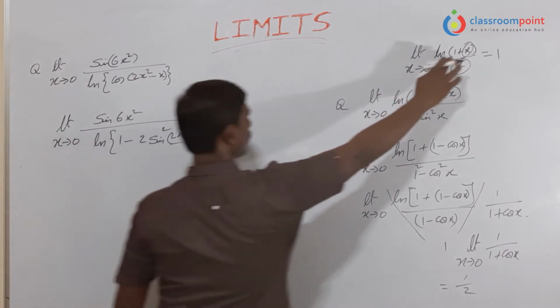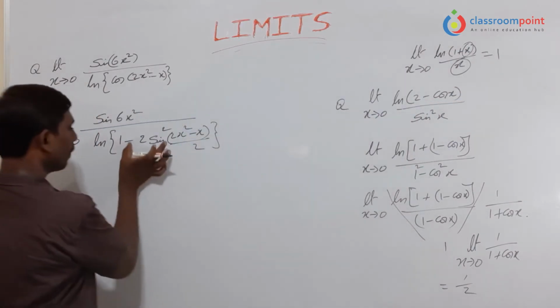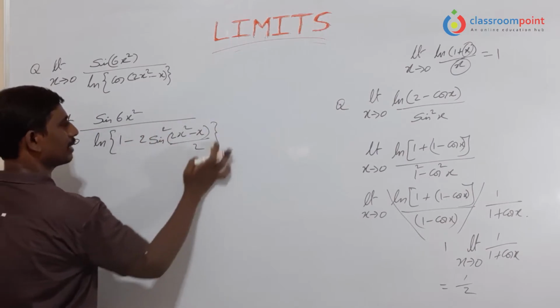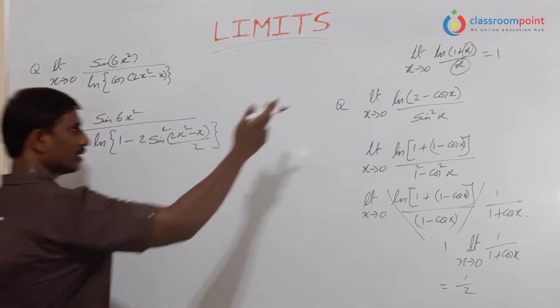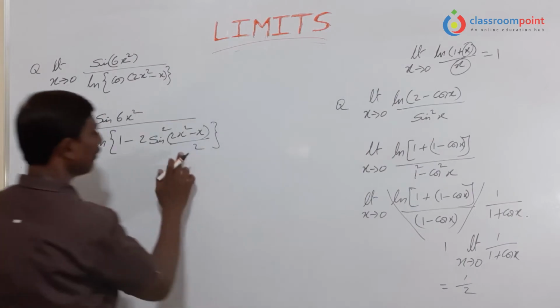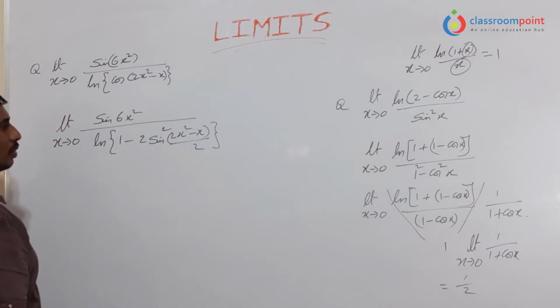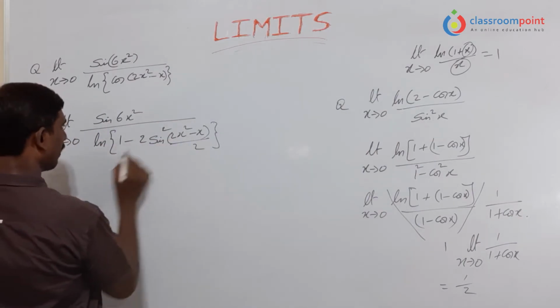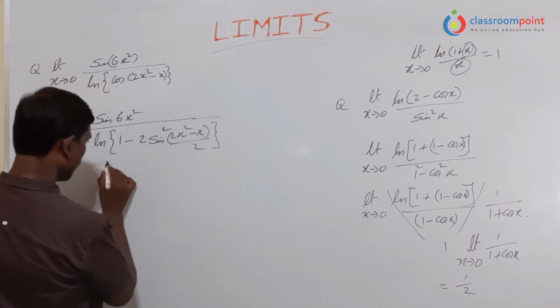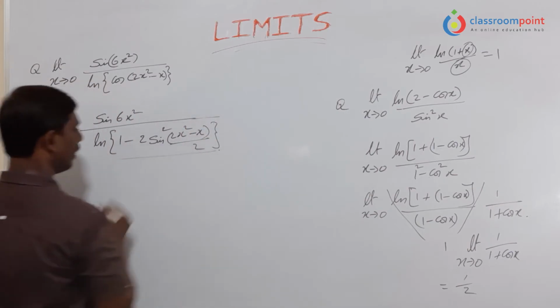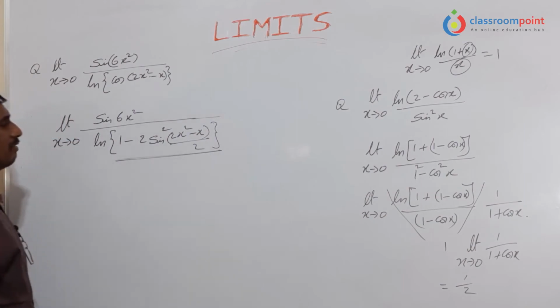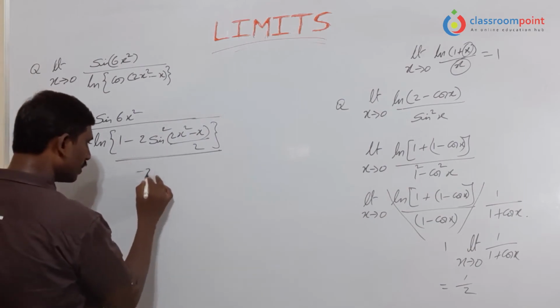By comparing this one, what is x here? Minus of this total is x. Now in the place of the denominator also the same value we need. So what to do? Multiply and divide with minus 2 sine square.